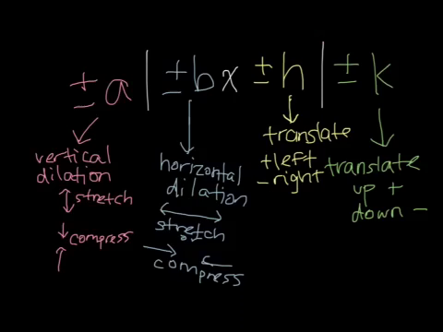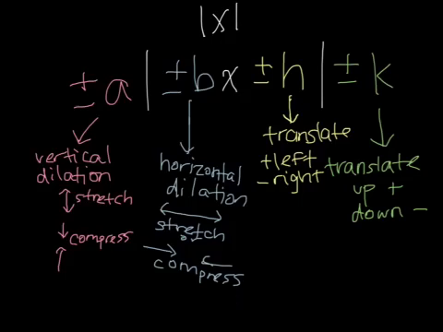Finally, just to sum up a little bit, we have different variables in different places here. So we're assuming that we're starting with the original function where it's just the absolute value of x, and we're doing different things to it. When we multiply in front by a positive or a negative value, it's a vertical dilation. We know that it's a stretch or a compression.